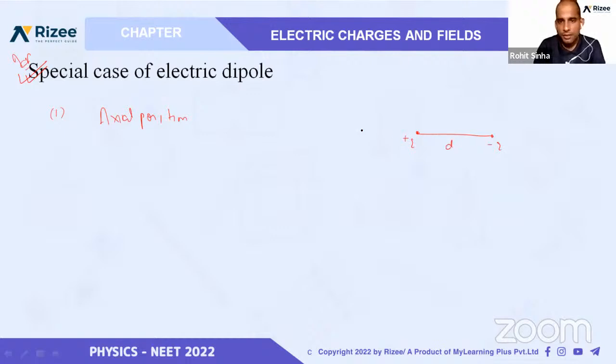We are discussing the axial position, which I discussed just one topic before. Axial position, or it is called end-on position. Now, if we are finding the electric field or electric potential at any of these points, we can say that at this point theta will be 0 degrees.